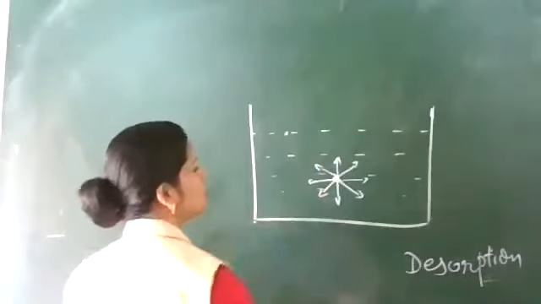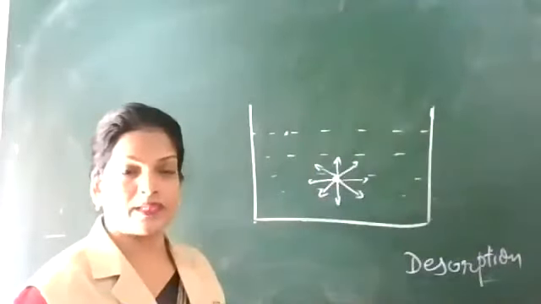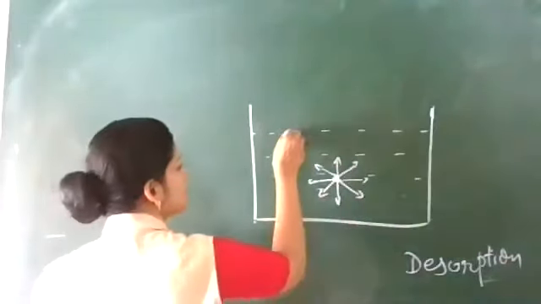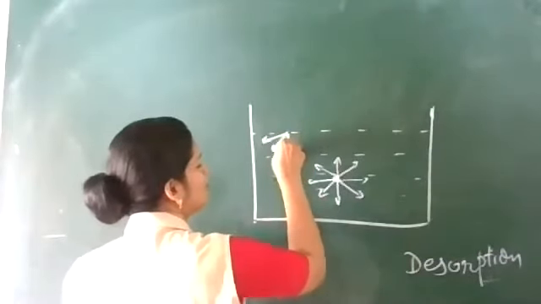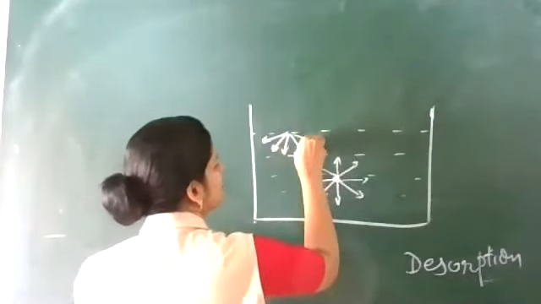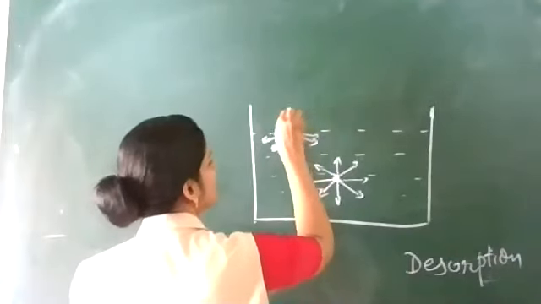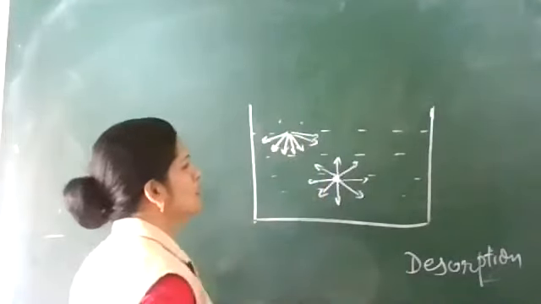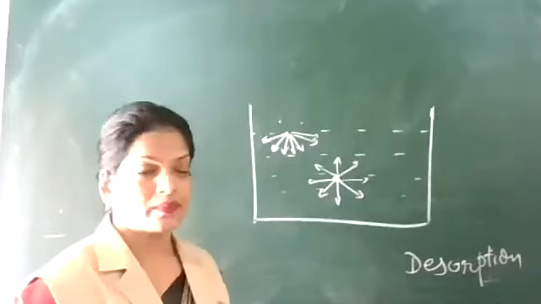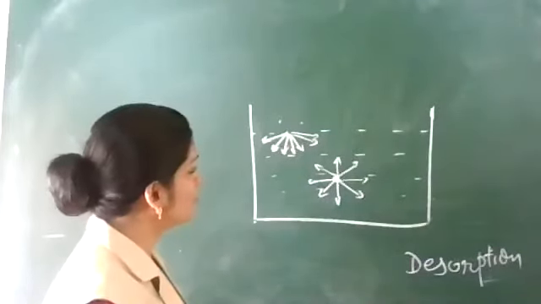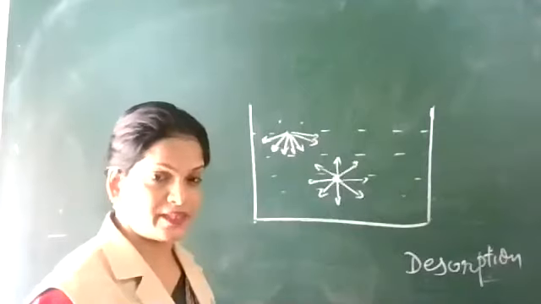Consider a molecule which is at the top on the surface. It is attracted by more number of molecules towards the interior portion, but only a lesser number of molecules outside.